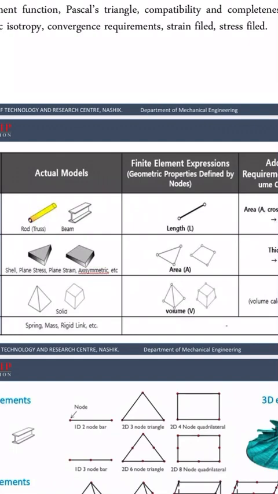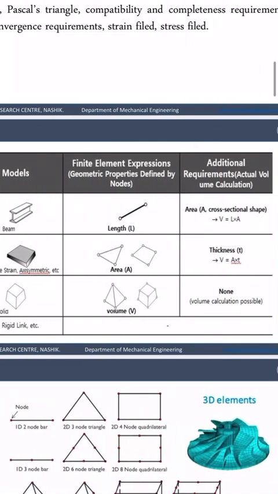So the geometric property in finite element expression for a one-dimensional element is length, for a two-dimensional element it is area, and for a three-dimensional element it is volume. In this way we can distinguish these three elements based on the geometric properties for finite element expression. Now next is what?